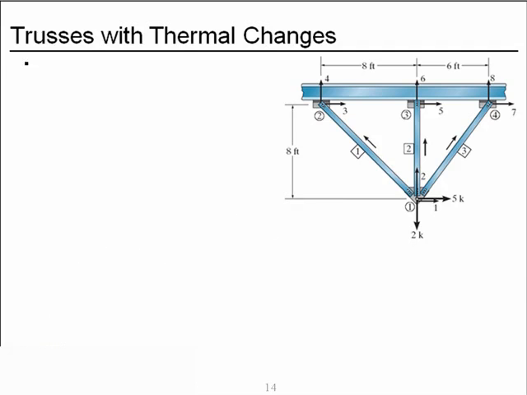Now member 3. Its length we had calculated to be 10 feet. Lambda x we found to be a positive 0.6. Lambda y a positive 0.8.